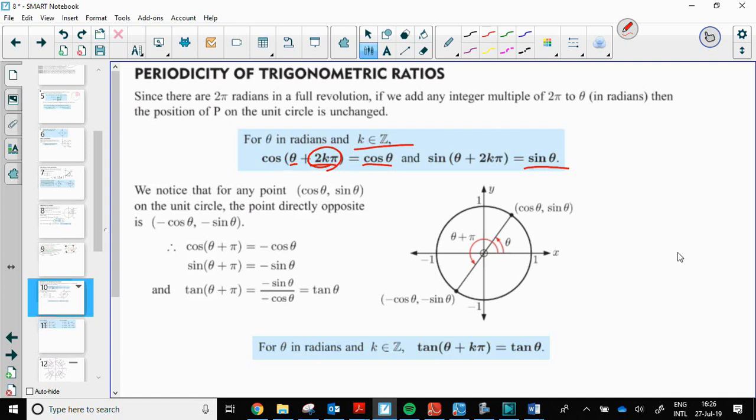Sine of theta is equal to sine of theta plus 2k pi. Tangent, on the other hand, it actually ends up repeating a little bit more often. We don't need to add 2 pi, we can just add 1 pi each time. So tangent of theta is the same as tangent of theta plus k times pi.